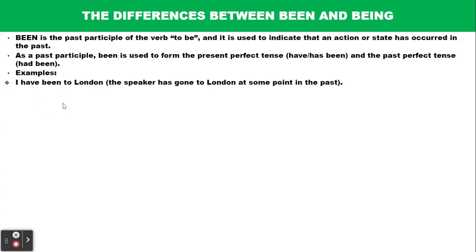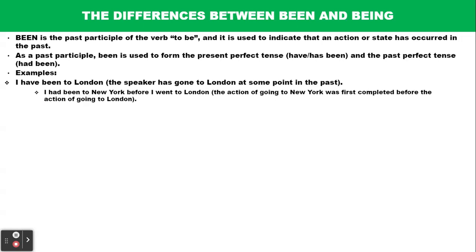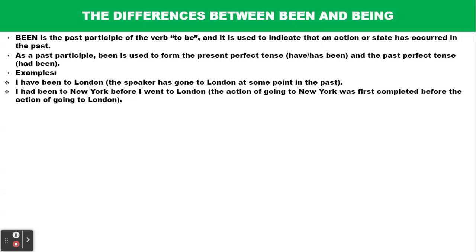Let's look at some examples. I have been to London. The speaker has gone to London at some point in the past. I had been to New York before I went to London. The action of going to New York was completed before the action of going to London.